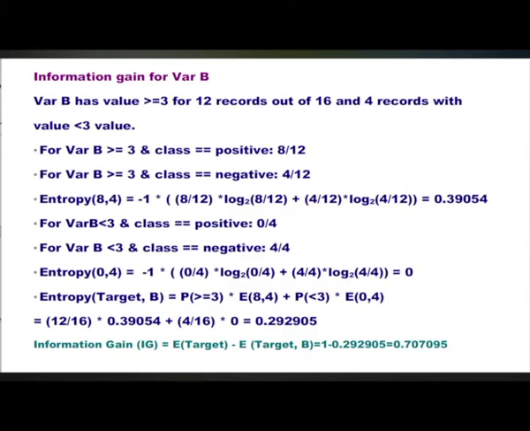For variable B less than 3 and class equal to positive, the probability is 0 by 4. For variable B less than 3 and class equal to negative, the probability is 4 by 4.